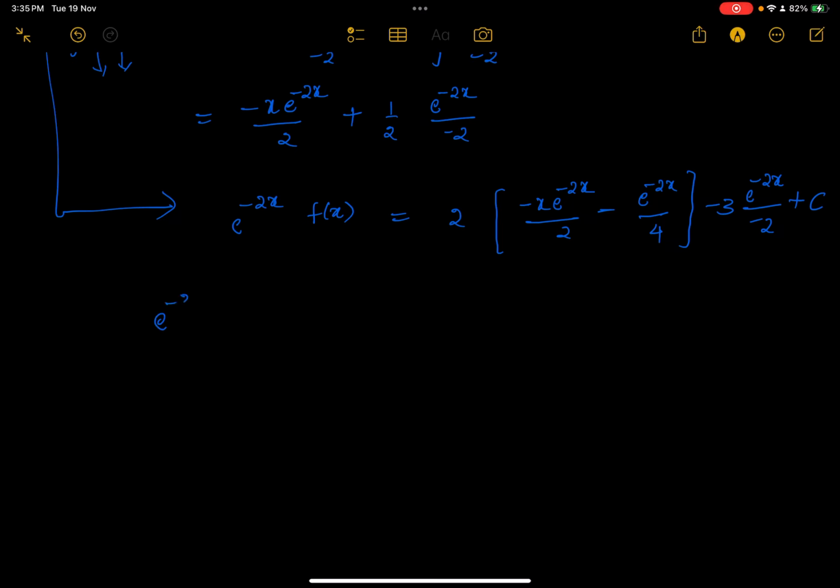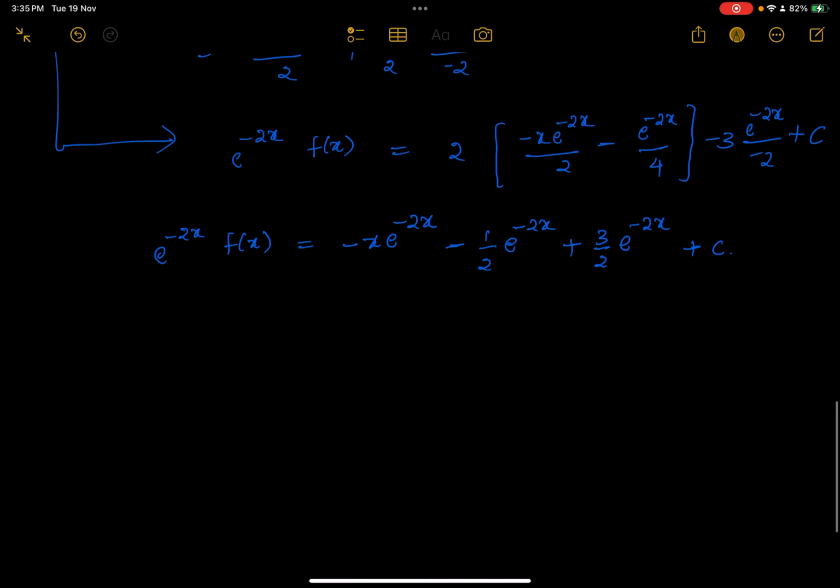So that is e to the power minus 2x f of x is equals to minus x e to the power minus 2x minus half e to the power minus 2x plus 3 by 2 e to the power minus 2x plus c. So multiply both sides with e to the power plus 2x.